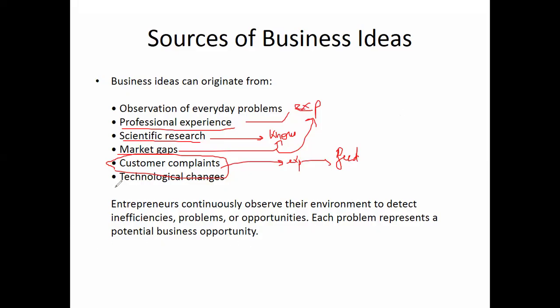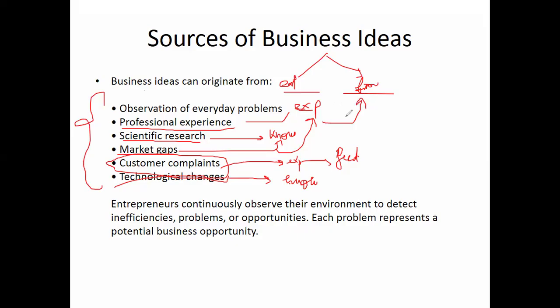And also we have technological changes. This is also related to what we know, to knowledge. So the two main sources, as we said, are our experience and our knowledge. These are the two main sources, and we can have some other sources derived from these two main sources.